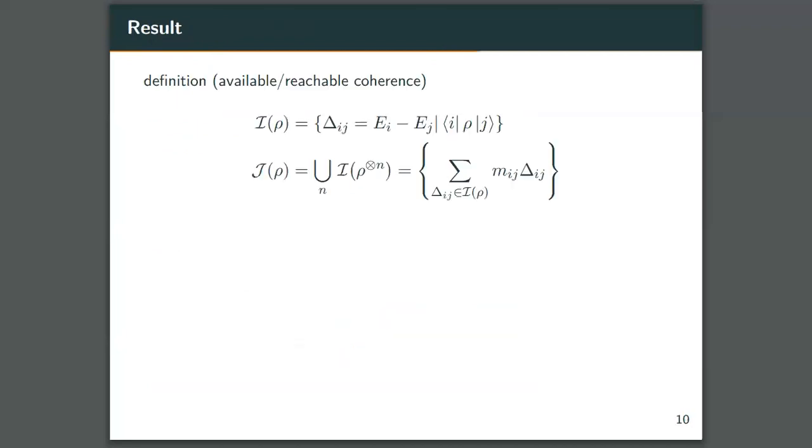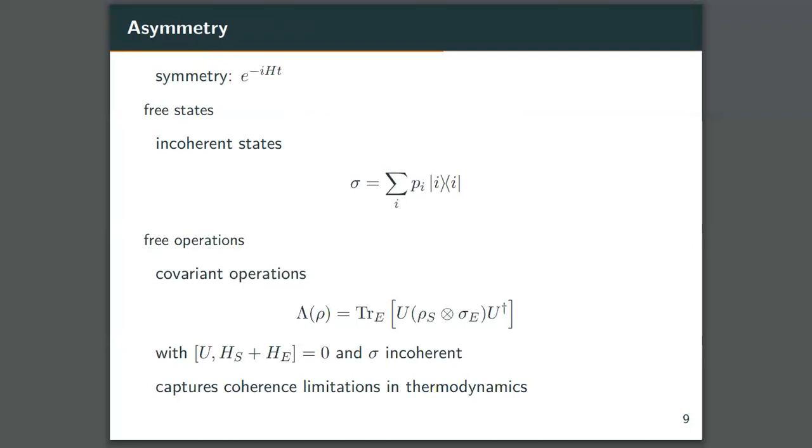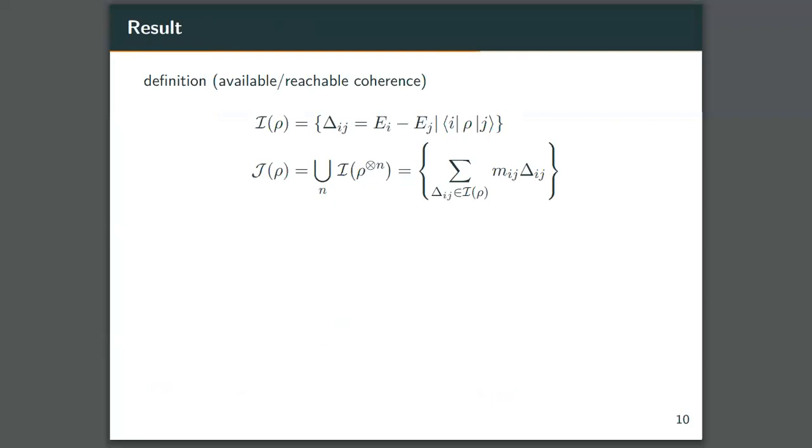So, I think I have set the stage and can state my results. To do this, I need to define two more things. For any state, you can define which frequencies the state has coherence in.